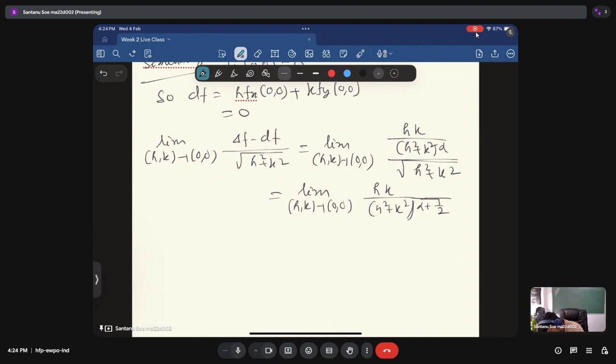So just take h to be r cos theta and k to be r sin theta. Then h square plus k square is nothing but r square, and as (h, k) tends to (0, 0), r tends to 0.